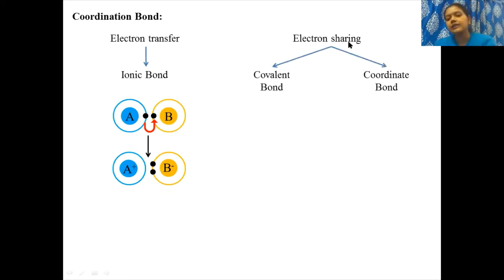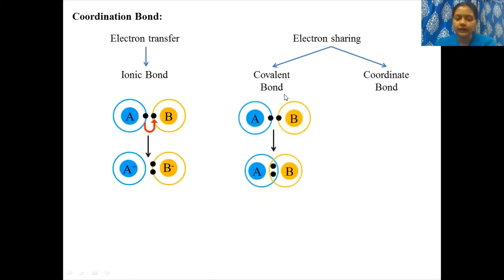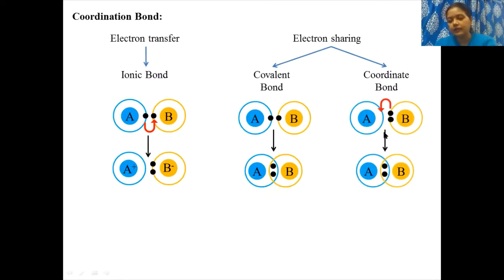In the case of electron sharing, there are two possibilities of bond formation: covalent bond and coordinate bond. In a covalent bond, A and B share their electrons to form the bond. In a coordinate bond, A has a vacant orbital and B has a lone pair of electrons eligible for donation.